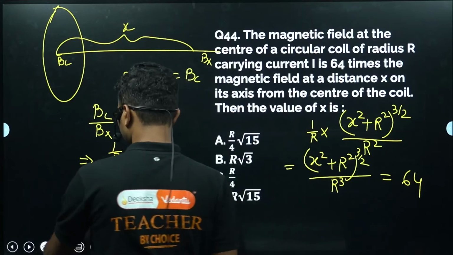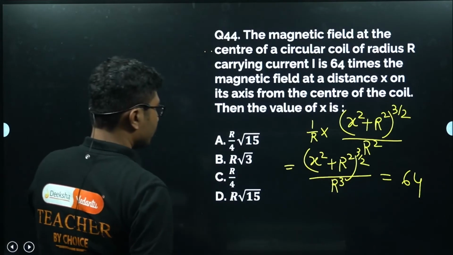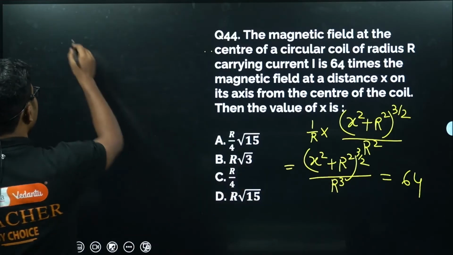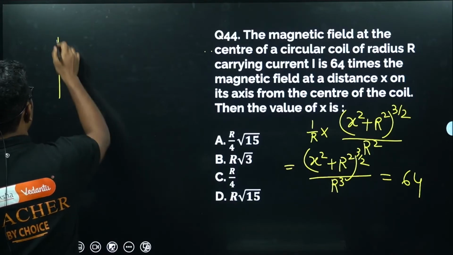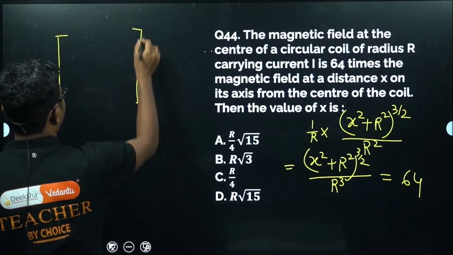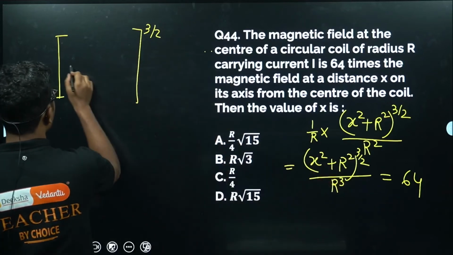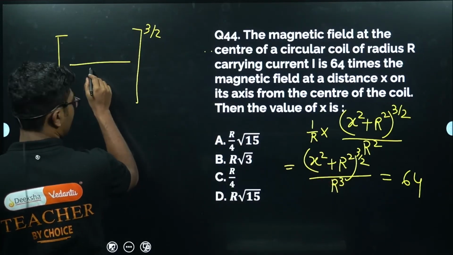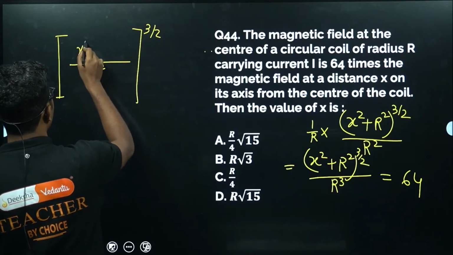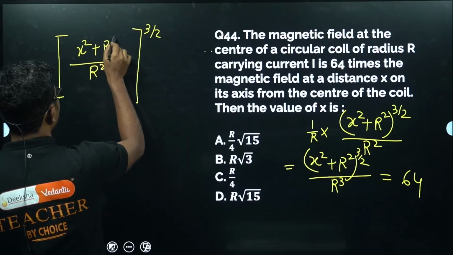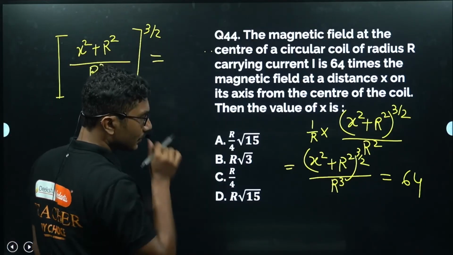Okay. Now, if we take the entire thing inside this 3 by 2 thing, this is cube, right. So, it will normally become r square, because there is a half here. So, x square plus r square divided by r square equals 64 means what?